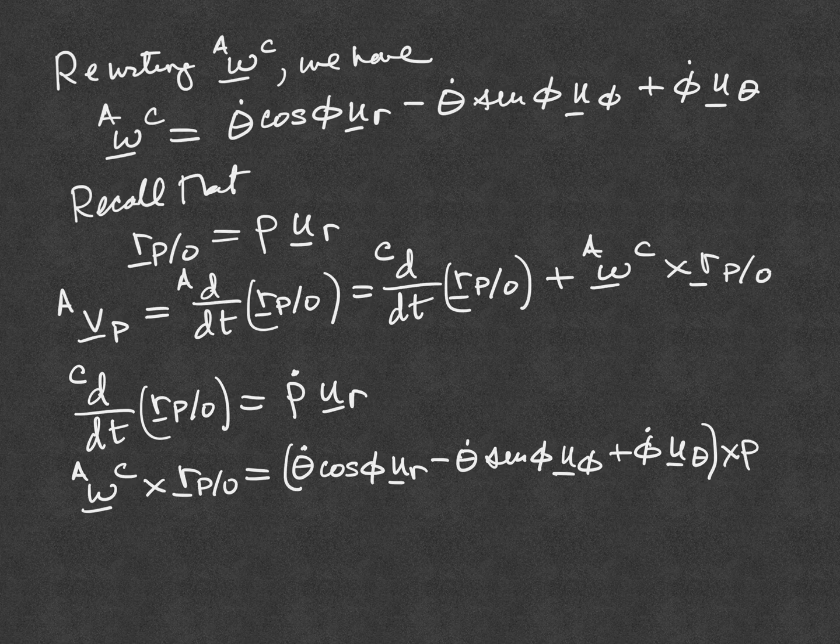crossed with rho UR. Now let's do out this cross product, which is UR crossed with UR is 0. Now the ordering of the basis is UR, U phi, U theta. So U phi is the second vector and U theta is the third vector. So the third crossed with the first is the second, and the second crossed with the first is minus the third. So I've got rho theta dot times the sine of phi, and then U phi crossed with UR gives me minus U theta, so that cancels out the negative sign.